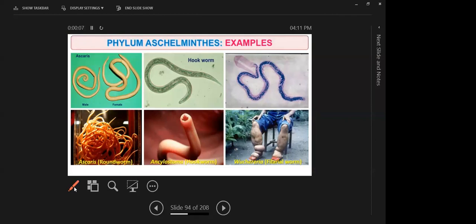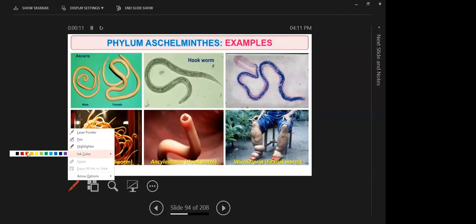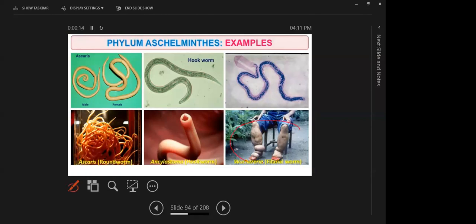Okay, Wuchereria bancrofti. Here you can see this causes filariasis. So Wuchereria bancrofti causes elephantiasis.